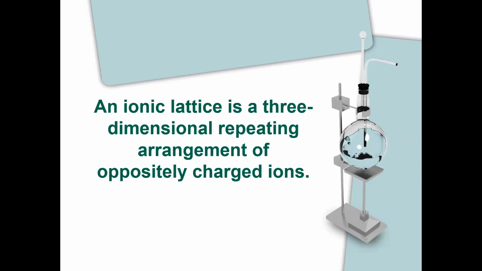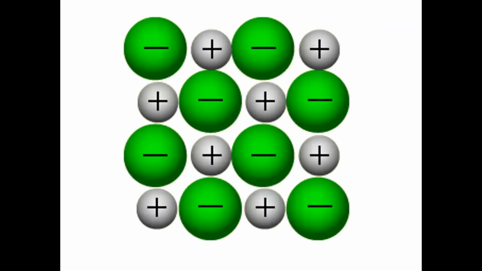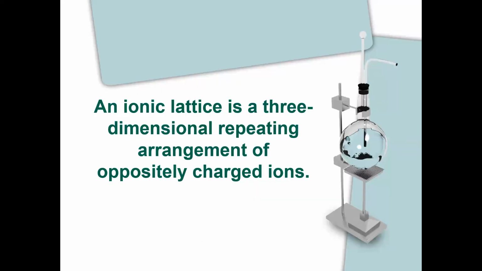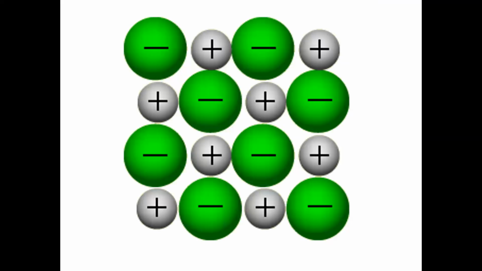Copied. So an ionic lattice is a 3D repeating arrangement of oppositely charged ions. Sorry, it was oppositely charged, and you said positive. Very good correction.